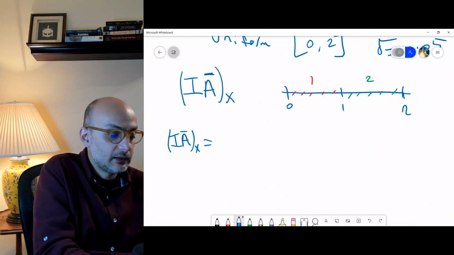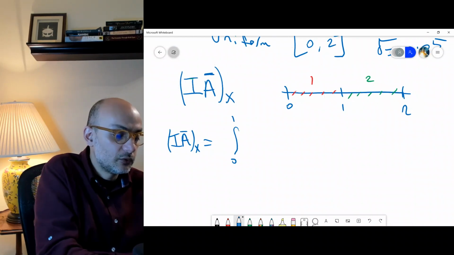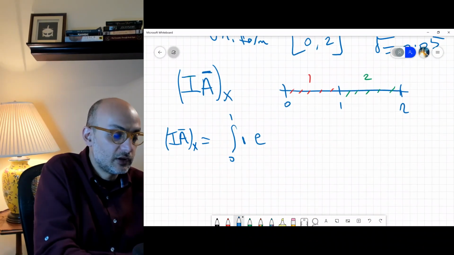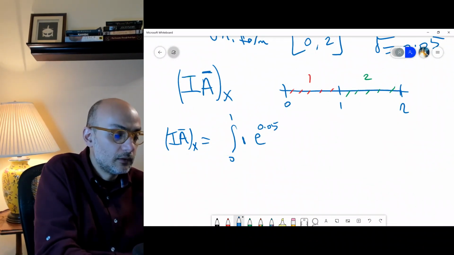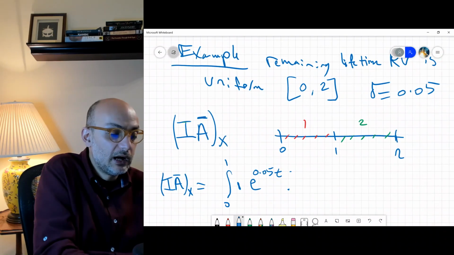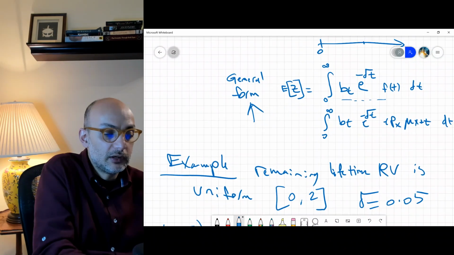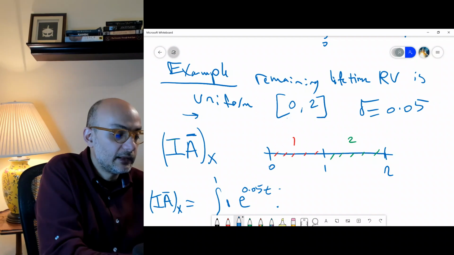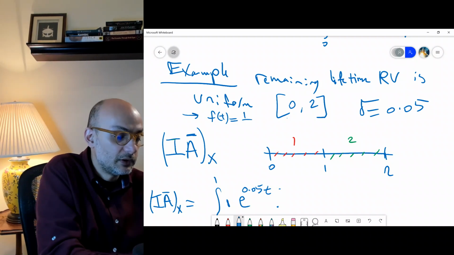So bt here, well, we need to split it first from 0 to 1. From 0 to 1, it's 1. Then we need to discount it back, with force of interest 0.05, e^(-0.05t). Then we multiply by f(t), or tpx μ(x+t). Because this is uniform, f(t) is 1 over (omega minus 0), which is 1 over 2.